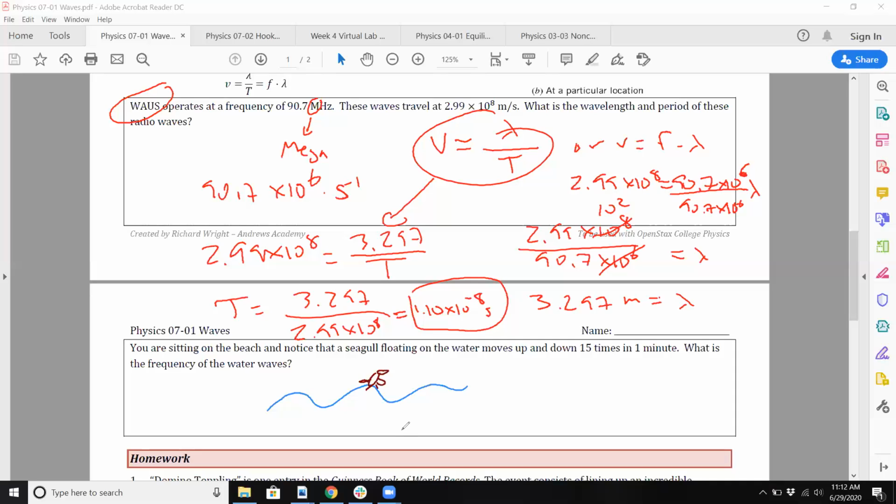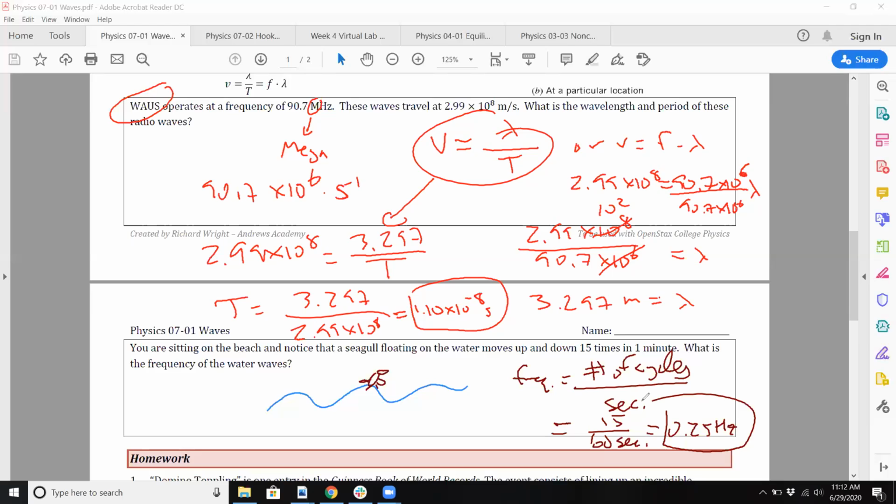It moves up and down, 15 times in 1 minute. Frequency is the number of cycles per second. So you have 15 cycles happening in 60 seconds, so the frequency is 0.25 hertz. So that's all you got there.